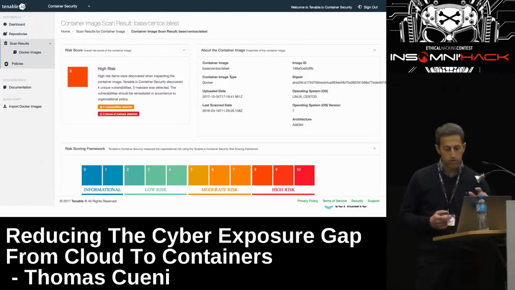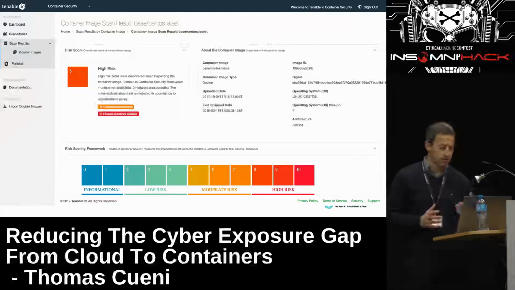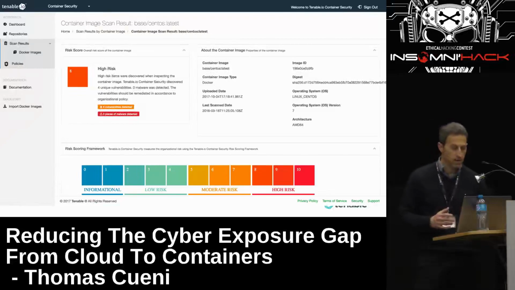And this is what you get if you then go into the container images and look at specific container images. So you can see all the vulnerabilities, all the CVEs. You can see what we think that the risk is for this specific container image based on the detected vulnerabilities, which also gives you more context. It gives you remediation instructions.